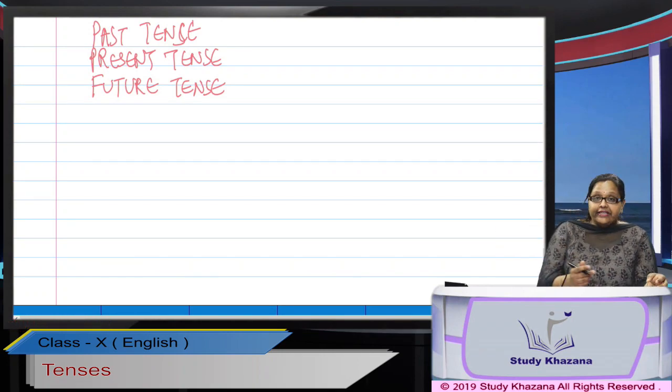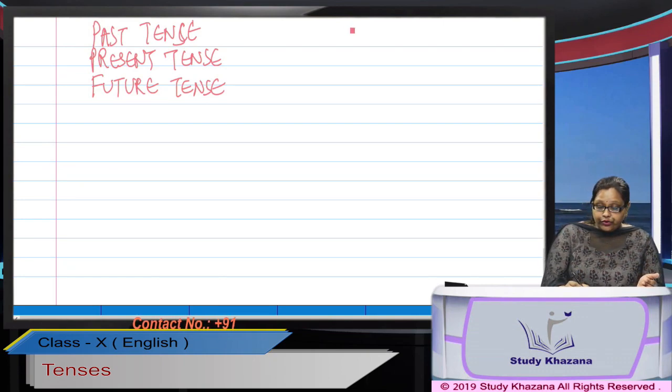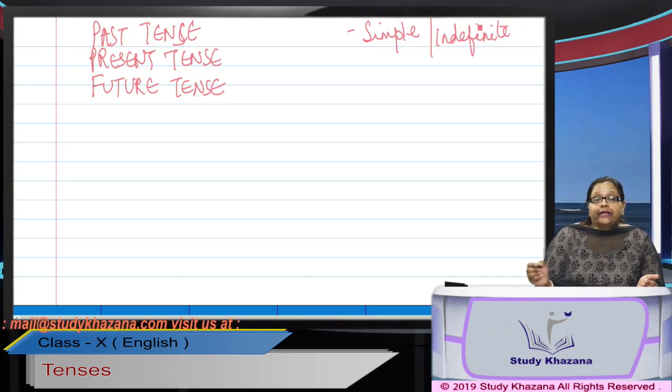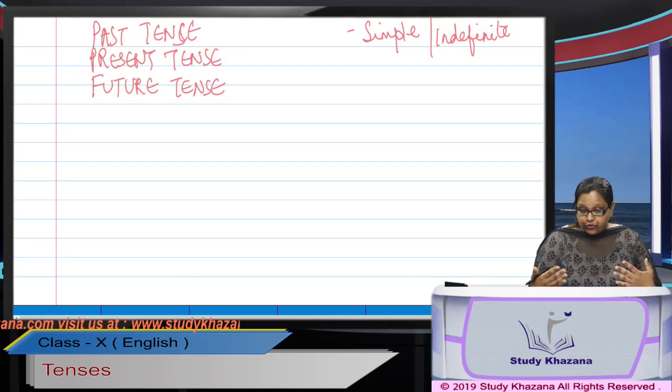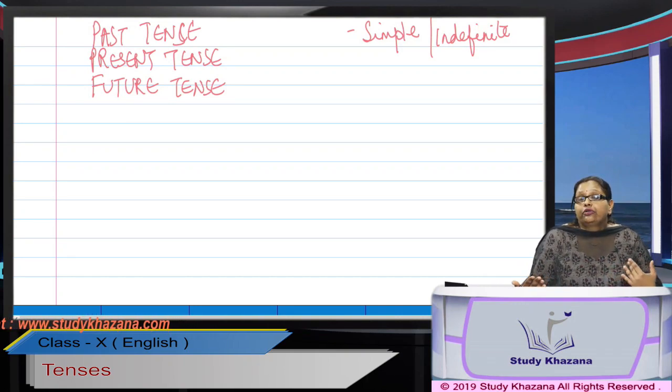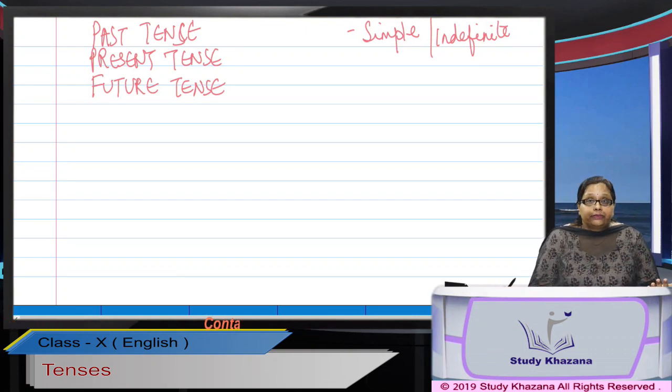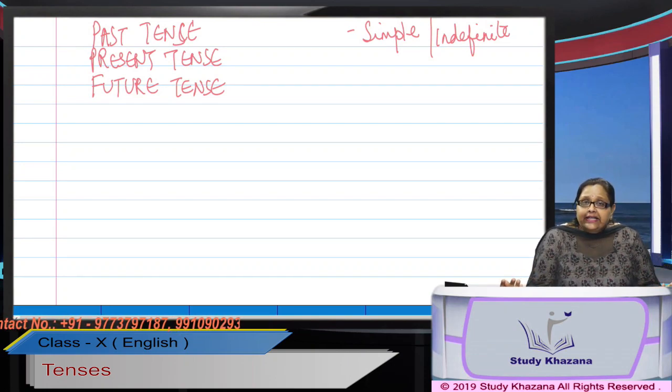We can subdivide all these forms further into four categories. The first one we call simple or indefinite. Indefinite, why? Because we use this simple tense to denote those actions that we normally do. It is not something that once I did and then I stopped. It is a normal, regular action or some fact, like the sun rises in the east.